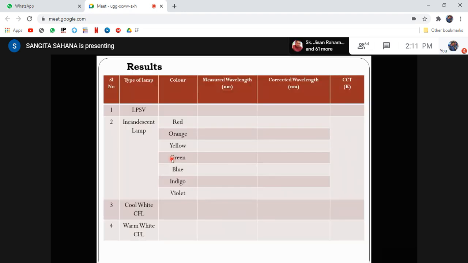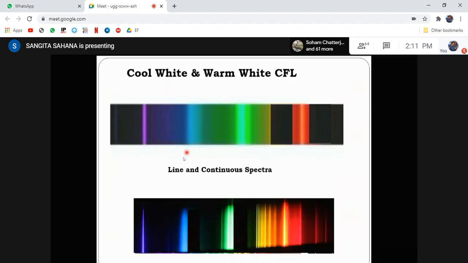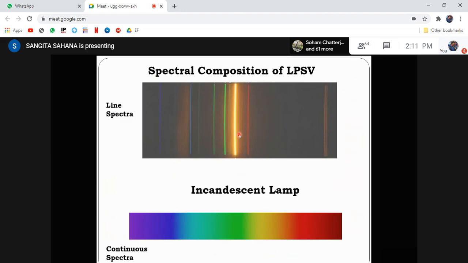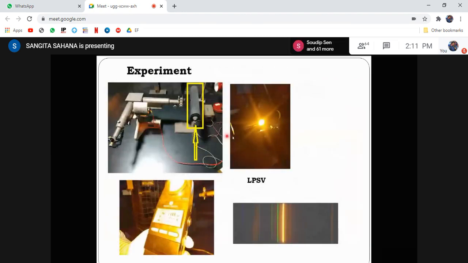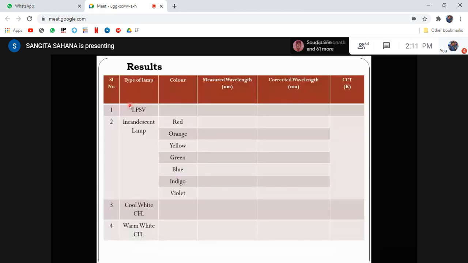Now this is the table for the four lamps, with the colors that you can observe from the spectrum that you will see in this part. You have to write down the colors one by one, and the measured wavelength. It may be a line spectrum or a continuous spectrum, so a single value for line and the range for the continuous.